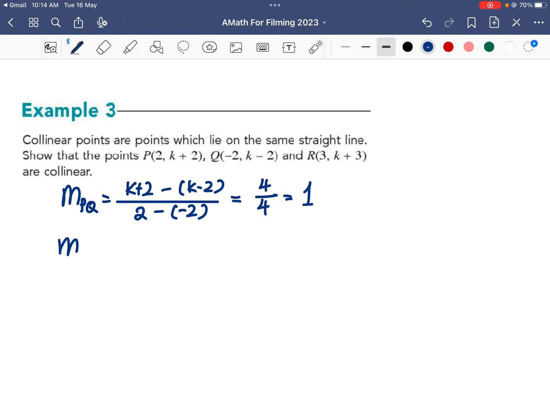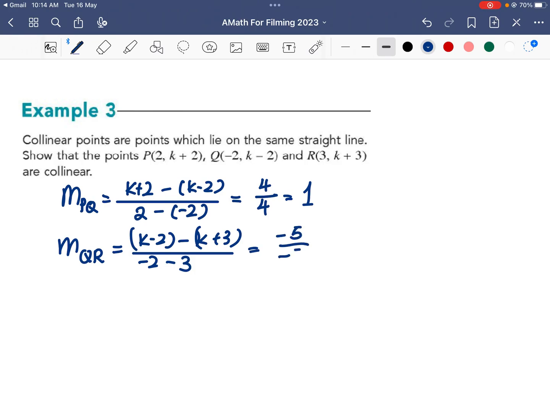Then I can find the gradient of QR, or I can find PR as well, but I will find the gradient of QR in this case. The gradient of QR is (K minus 2) minus (K plus 3). Don't forget the brackets there. Then we have minus 2 minus 3.